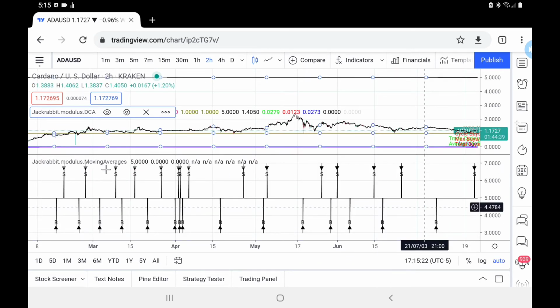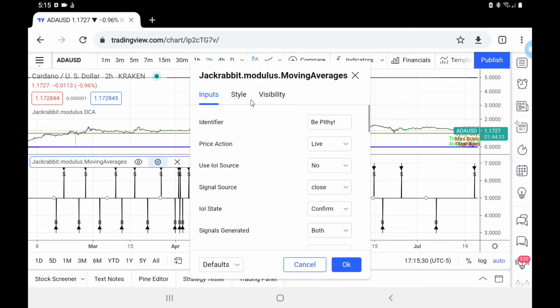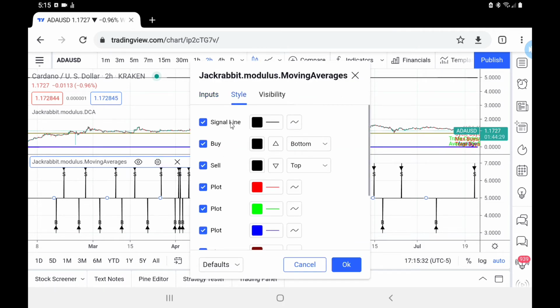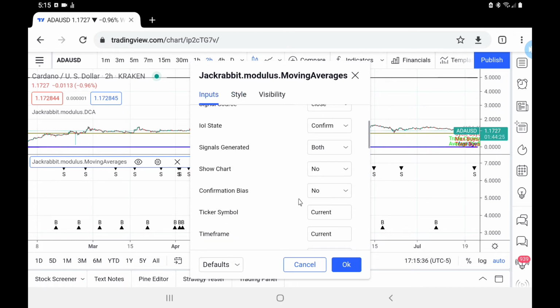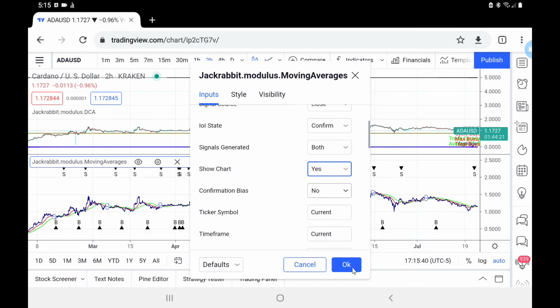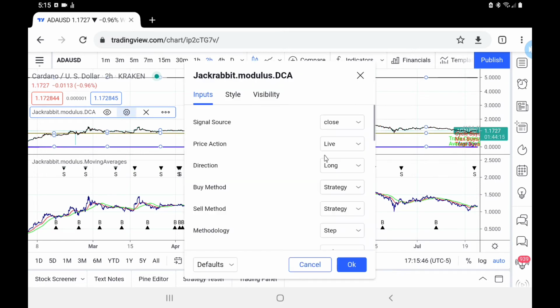Now I'm not going to make any changes with this crossover. I'm going to leave it at all the default settings. And from there, you can truly see, is this truly an organic approach that is worth investing in?